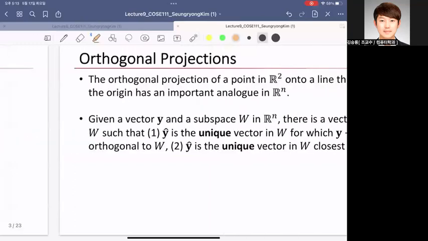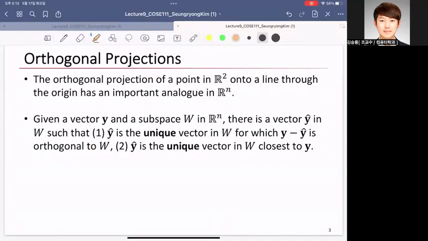Okay, let me start. In the previous chapter, we discussed the orthogonal projection of a point in R2 space onto a line through the origin. We discussed how to understand the orthogonal projection of y onto the line L, spanned by an arbitrary vector u.